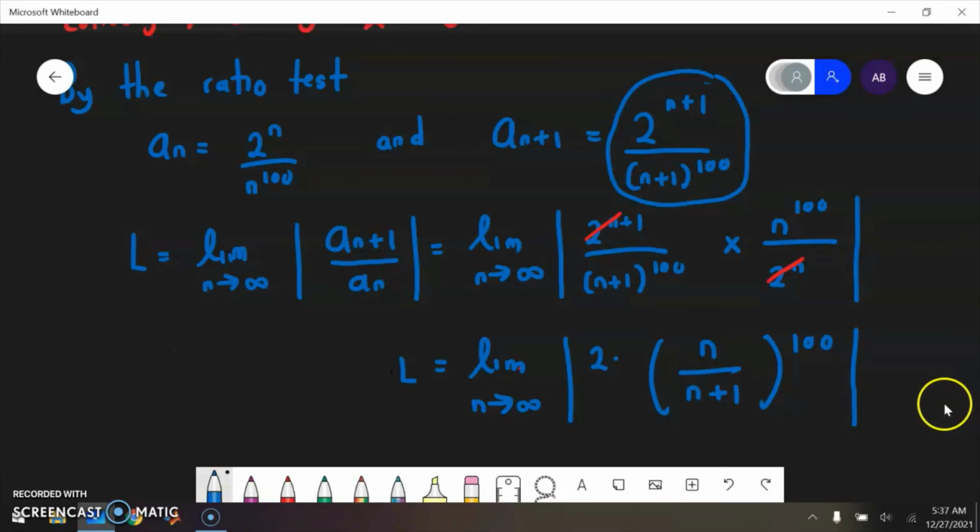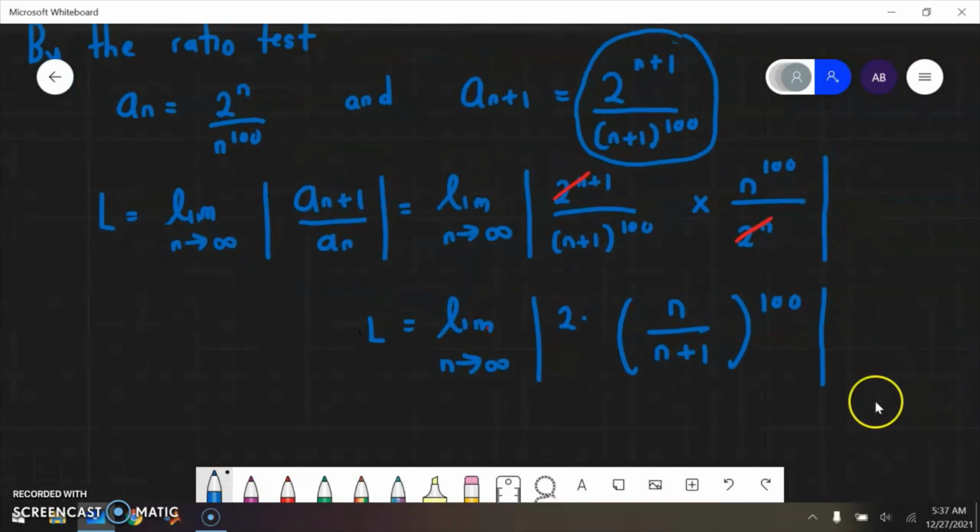Please be careful, because you cannot cancel the term from your numerator with your denominator, because you have an addition here, it's not multiplication. Now how can I simplify this term?